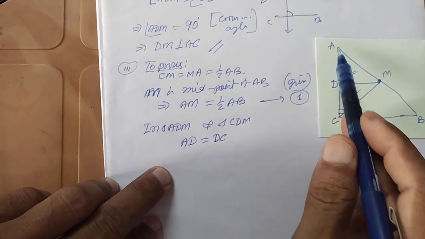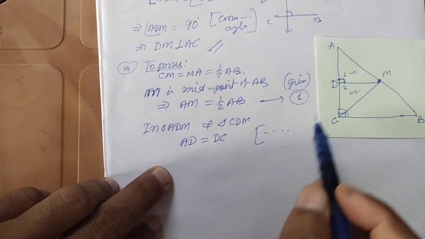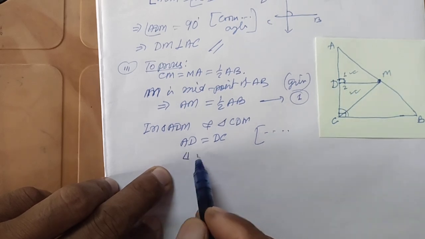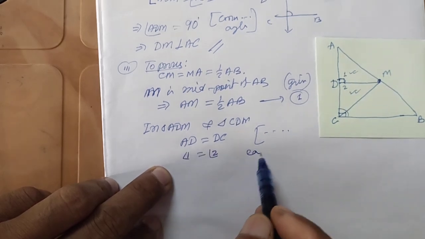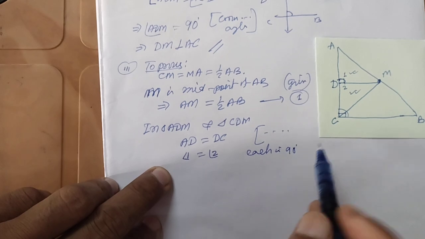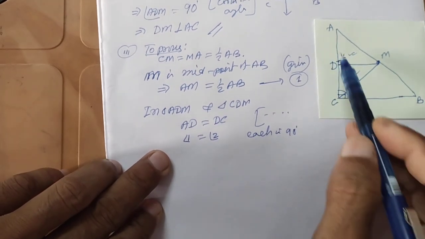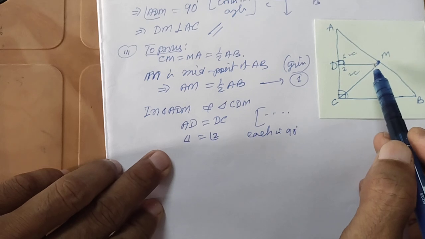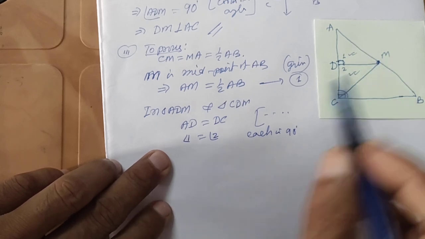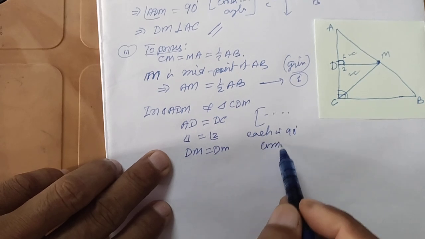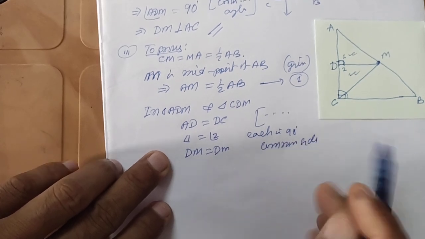The reason is D is the midpoint of AC. And angle 1 equals angle 2 because each is 90 degrees, as AD is perpendicular to DM, which we have already proved. And DM is equal to DM, a common side.